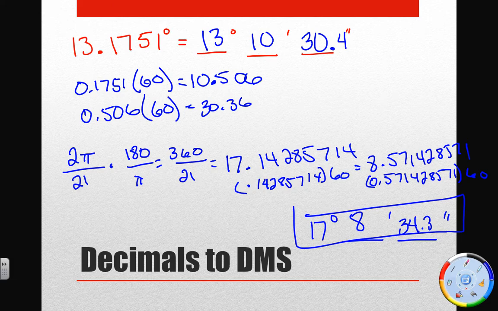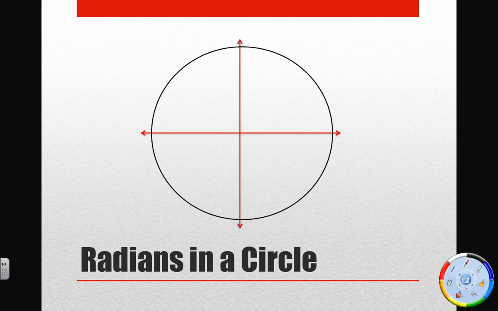Okay, so I think that should cover it. The only thing else that I want to go over a little bit is the idea of radians in my circle. We dealt with degrees. We said 0, 90, 180, 270. This is degrees. Well, we need to go to radians.